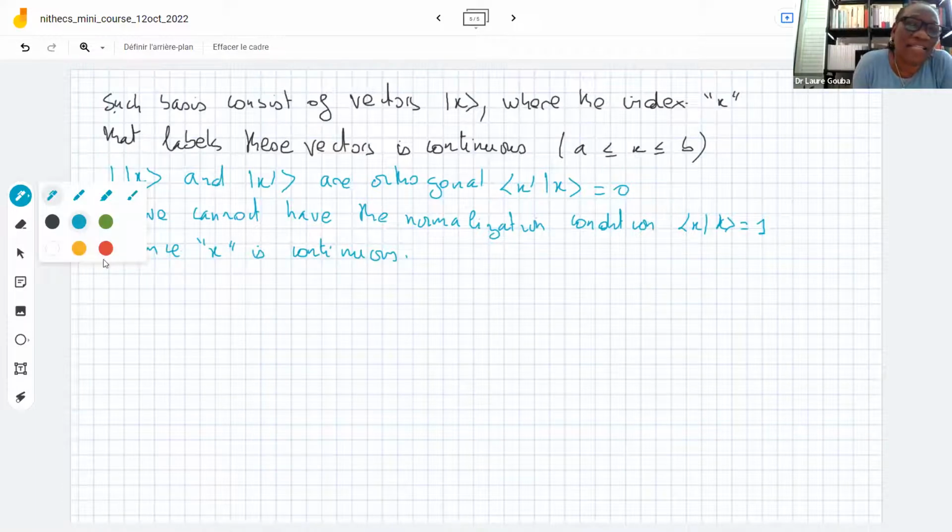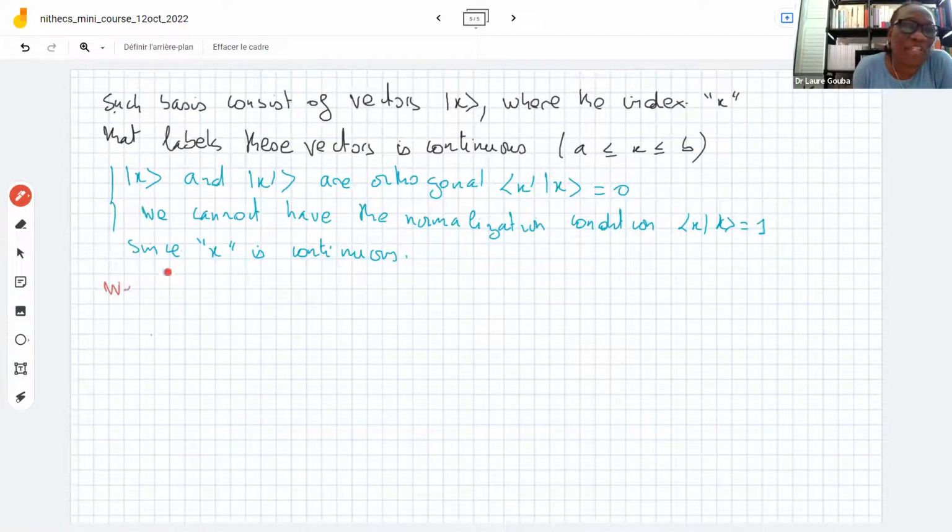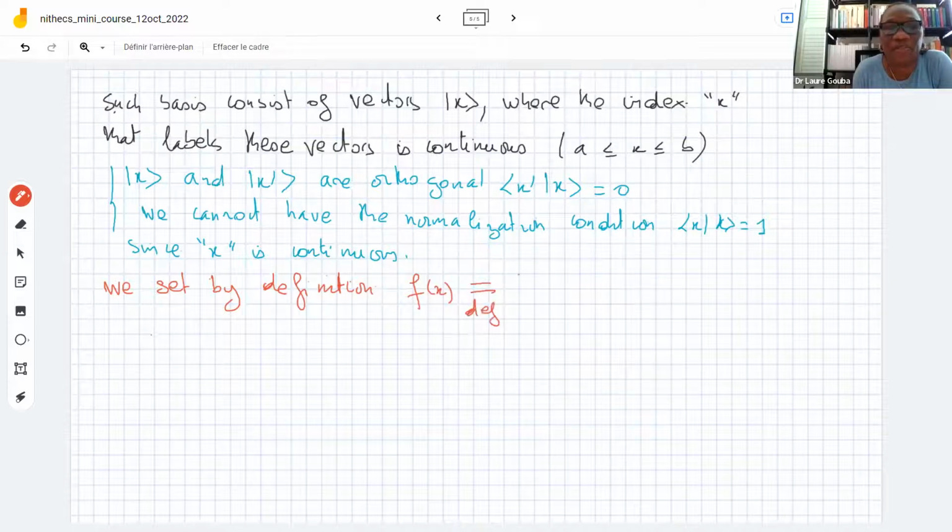Now, as a setting, by definition, f of x is equal to the inner product ⟨x|f⟩. You know that we have our abstract vector f that has a component f of x with respect to the basis of vectors |x⟩. So by definition, f of x is equal to the inner product ⟨x|f⟩.